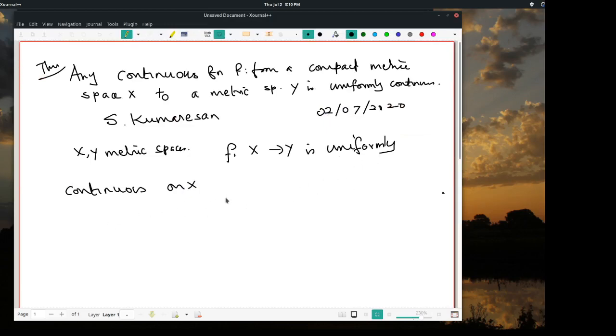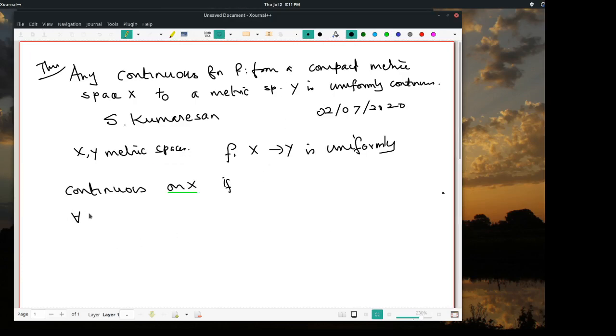Uniformly continuous on X is important, and don't say simply uniformly continuous. Uniformly continuous on which set, you should say X.